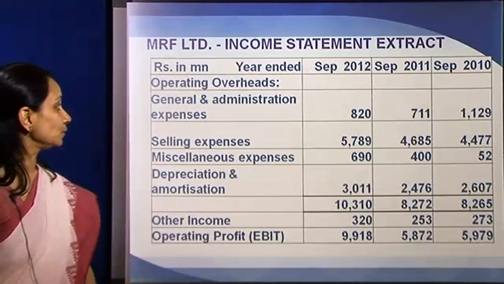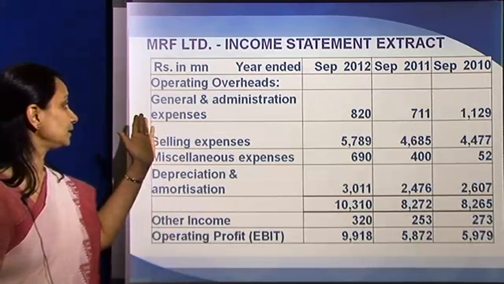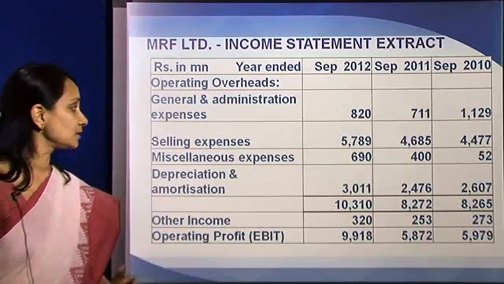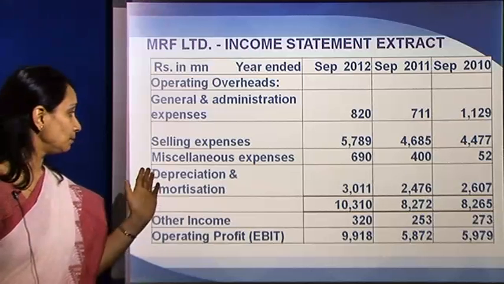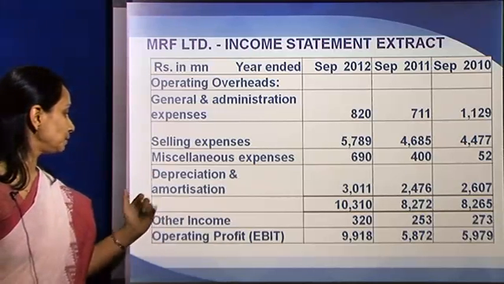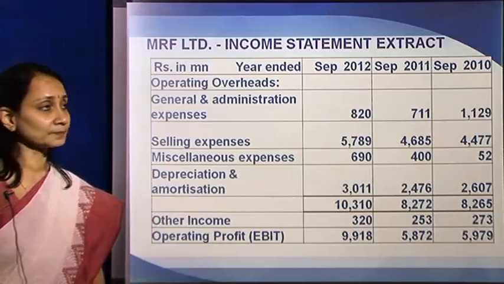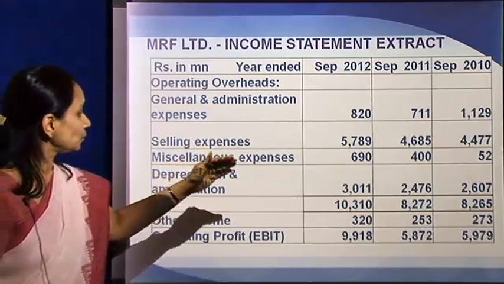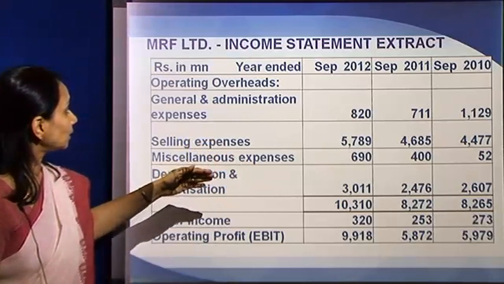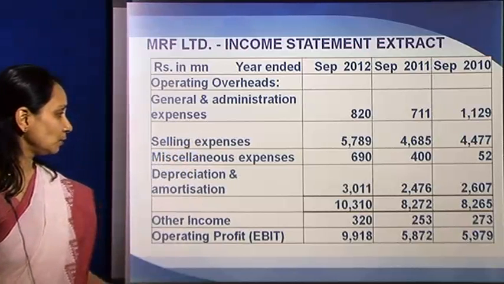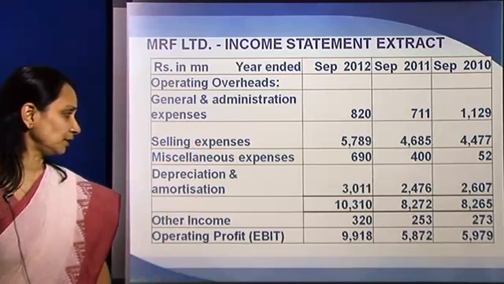Now we have the operating overheads. These are basically the general and administration expenses, selling expenses, miscellaneous expenses, depreciation and amortization. So the total of these overheads need to be reduced. We also need to make adjustments for certain other income.